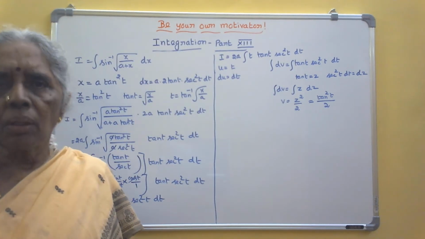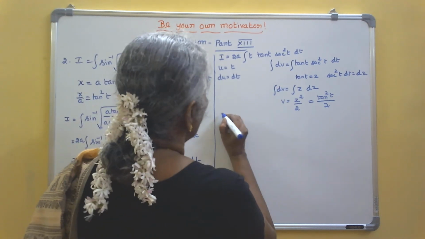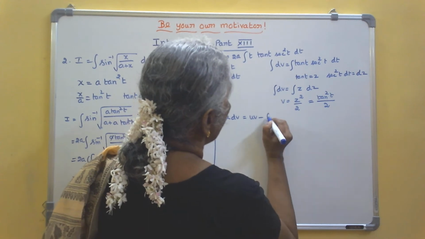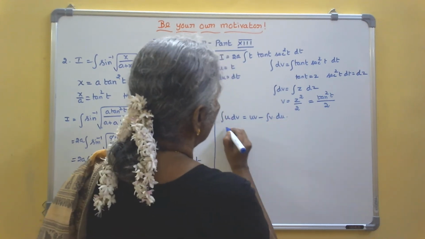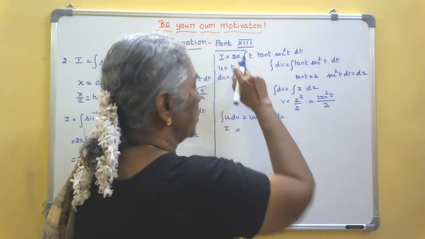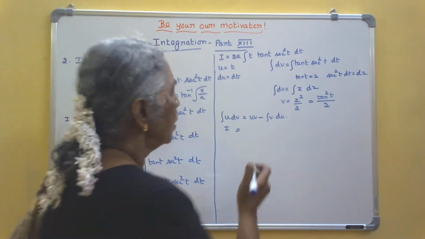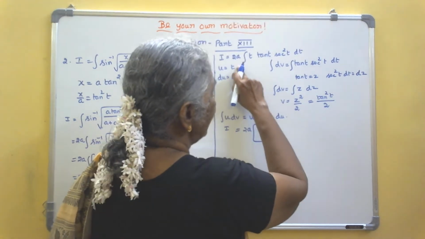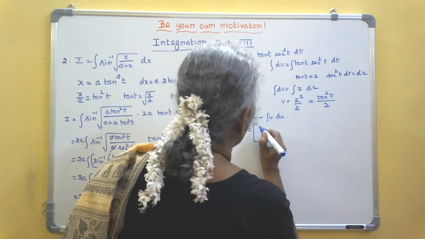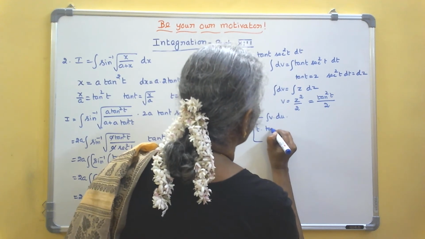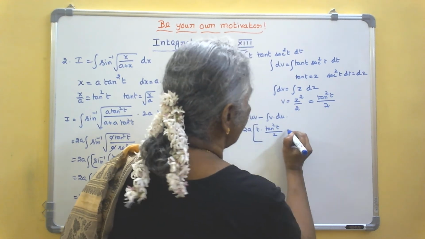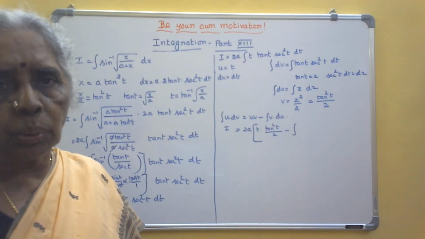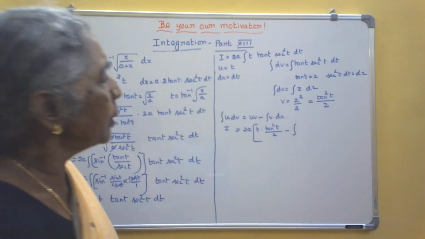Is it okay? So now let us write the formula. Integral u dv is equal to uv minus integral v du. So this is I. Now of course the 2a is there, that I will include here. So now I will write 2a, then I will put a bracket. U into v. U is t and v is tan squared t by 2. So t into tan squared t by 2 minus integral. V is tan squared t by 2 and du is dt.